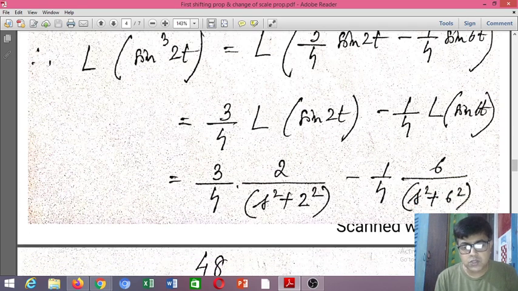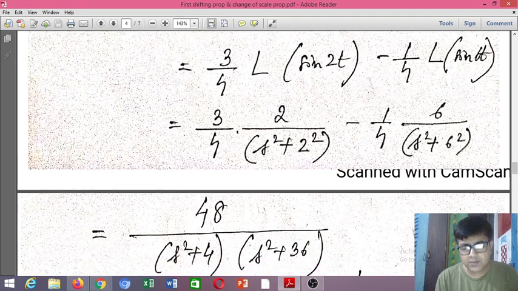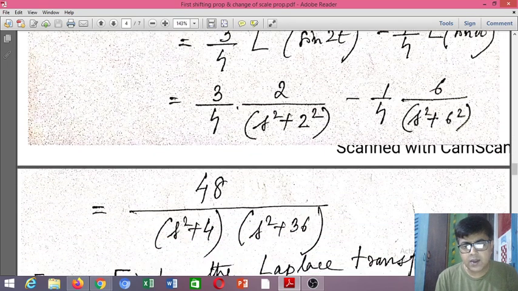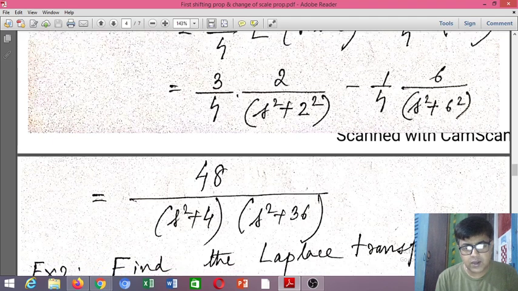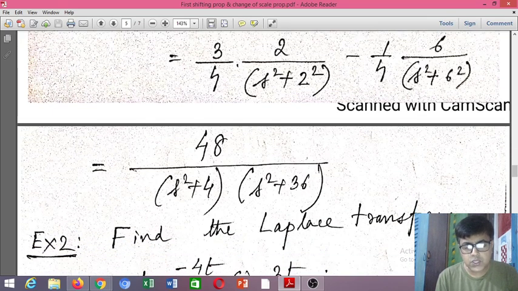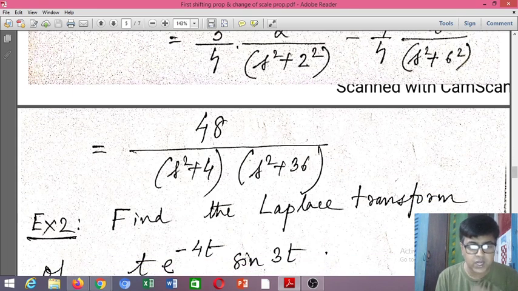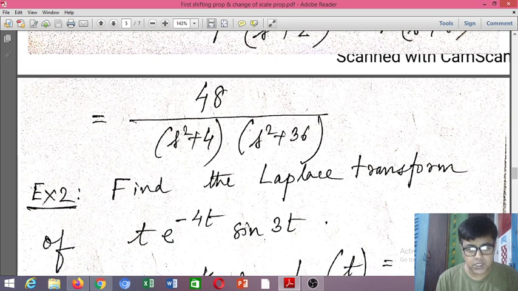We put those values over here and then just simplify, and we will get a result like this: 48 by s square plus 4 into s square plus 36. So this is the way we do this problem. In case you get trigonometric functions like this which are not known, you have to use the formulas of trigonometry to convert them into multiple angles and then find the Laplace transform.